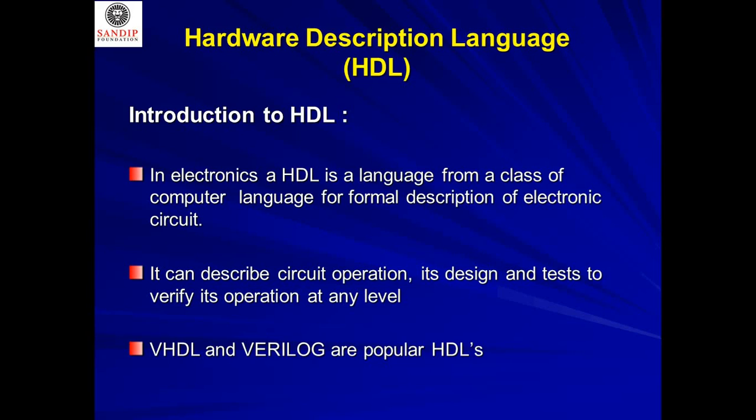In electronics, hardware description language is a language from the class of computer languages for formal description of electronic circuits. It can describe circuit operation, its design and tests to verify its operation at any level. There are two popular hardware description languages, VHDL and Verilog.